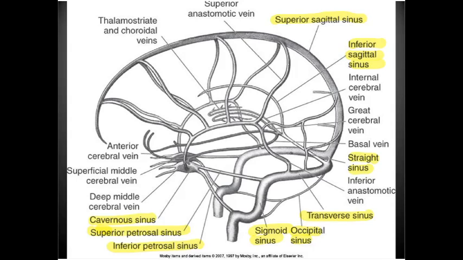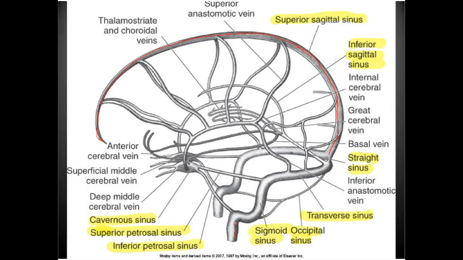So here we have the superior sagittal sinus, which is very large, running basically from the crista galli all the way to the internal occipital protuberance.